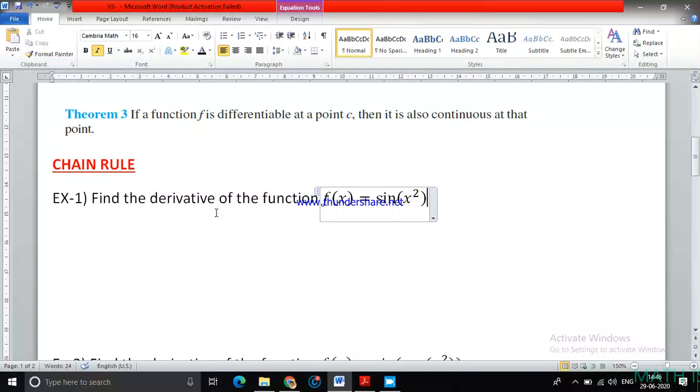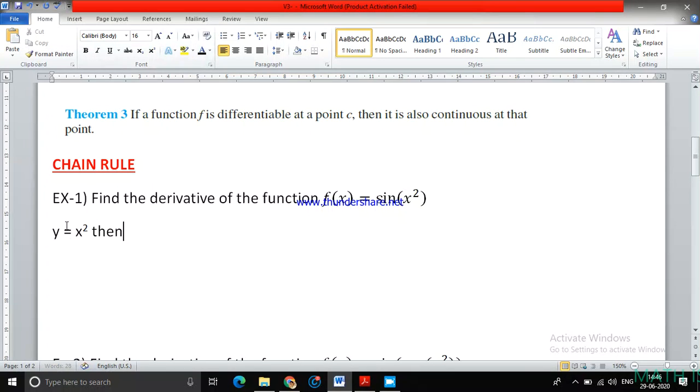But here what I do is, let me take y equals x square. I am taking the y value as x square. Oh, sorry, this exponent is not removed.